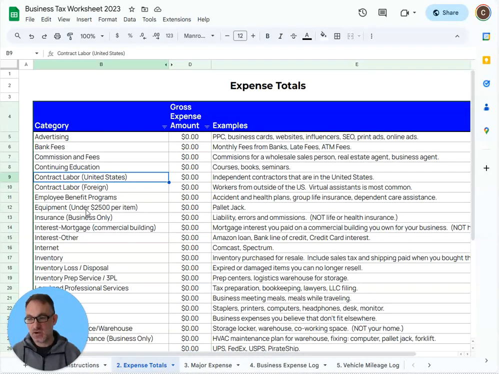And then some other categories we have, if you have any equipment that you've purchased, which usually, as far as equipment, you'll see if it's under $2,500. The things we're talking about here are typically like a pallet jack, maybe you bought for your warehouse. Maybe you bought a new laptop that could be considered equipment as well.